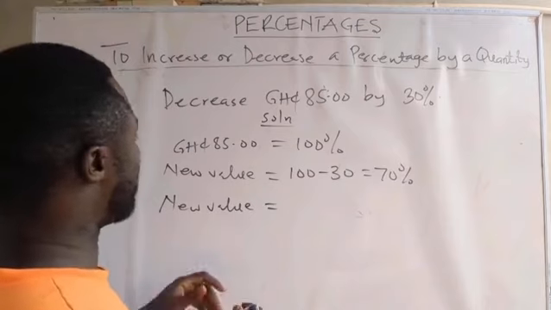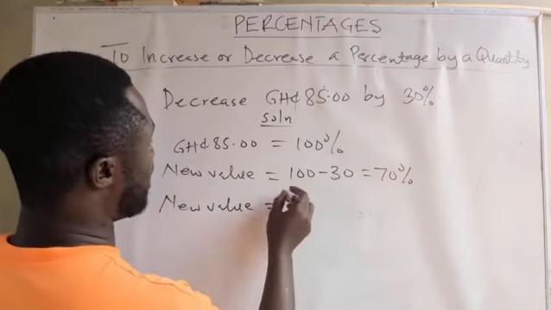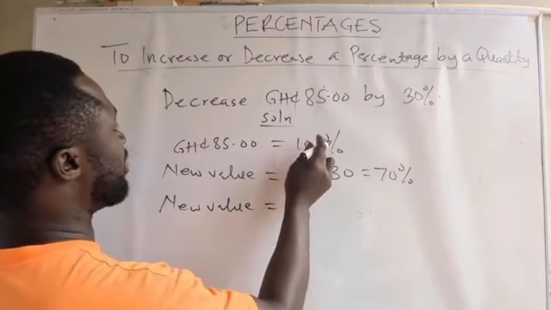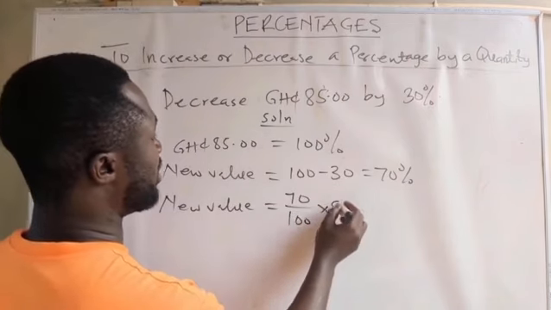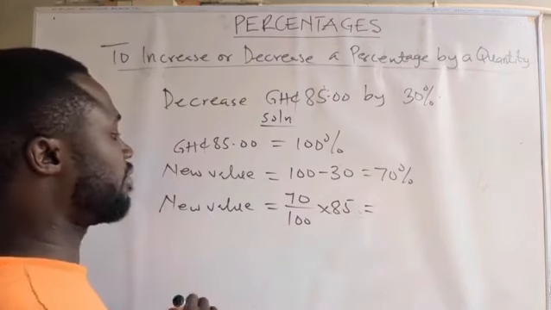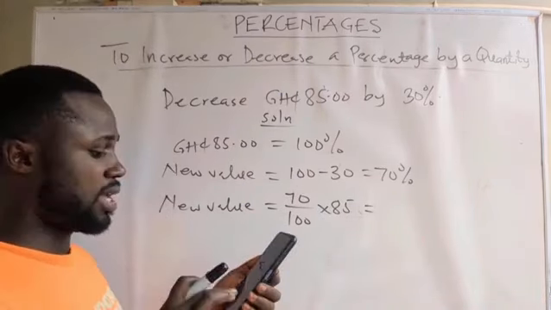So now what is the new value in terms of Ghana cedis? I'm going to look for the value of the 70%. So that will be 70, then 100% value is known, so divide by 100 times 85. So 70 over 100 times 85.